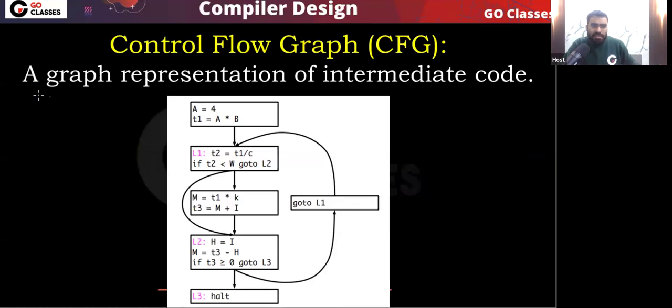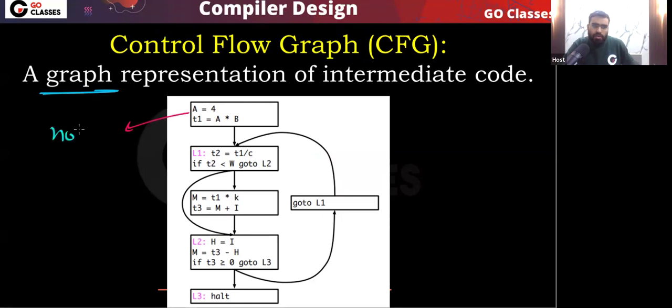The definition is very simple. This is a graph representation of intermediate code. It will look like a graph in which there will be some nodes, for example, this will be your node. In any graph, we have something called nodes and edges.